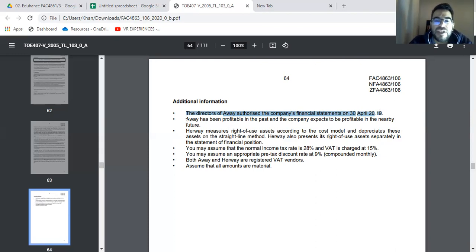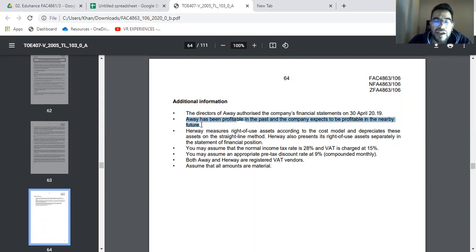Away has been profitable in the past, and the company expects to be profitable in the near future. So generally, this is to give information if you have deferred tax. Remember, you can only recognize a deferred tax asset if it meets the recognition criteria.